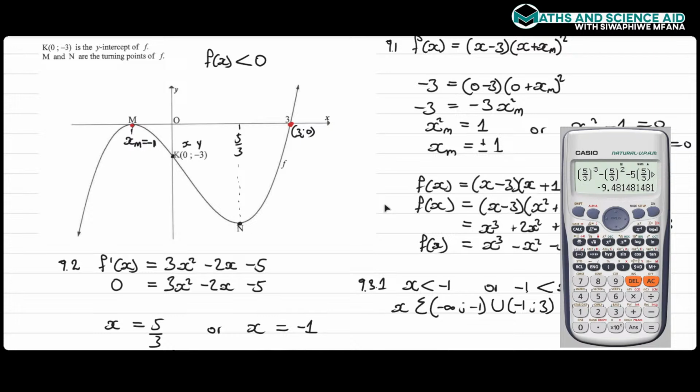It's just stationary. However, in this case, we see that on the left-hand side of the turning point M, this function is actually increasing, because if you were to calculate the average gradient, you will see that it will be a positive gradient. Likewise, on the right-hand side of point N, you can again see that our graph is increasing.